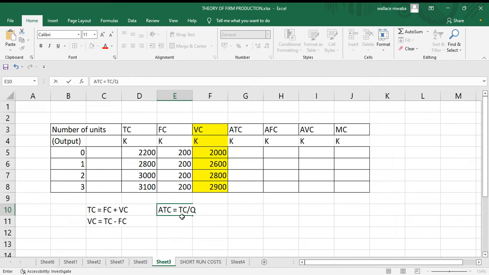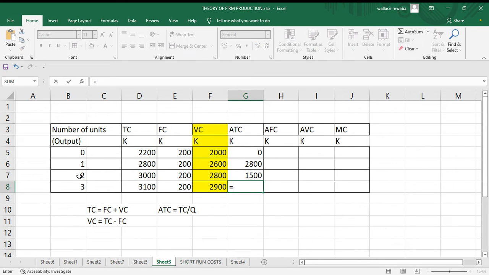So 2,200 divided by 0, we get 0. 2,800 divided by 1, we get 2,800. 3,000 divided by 2, we get 1,500.